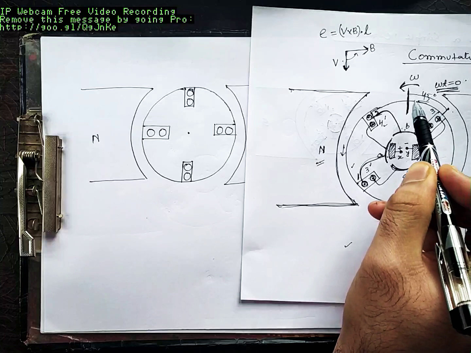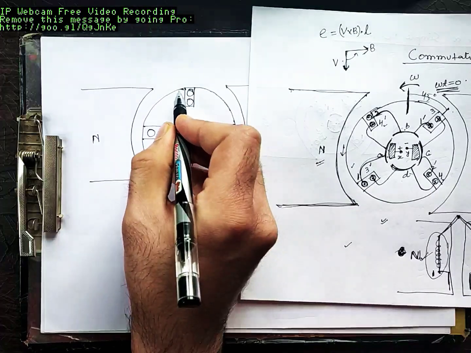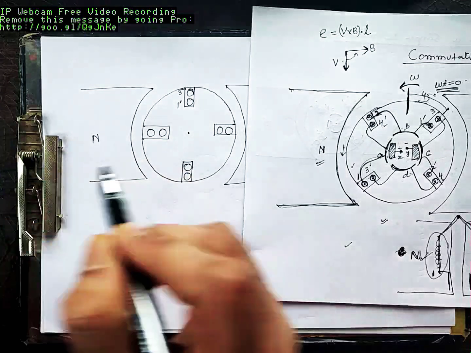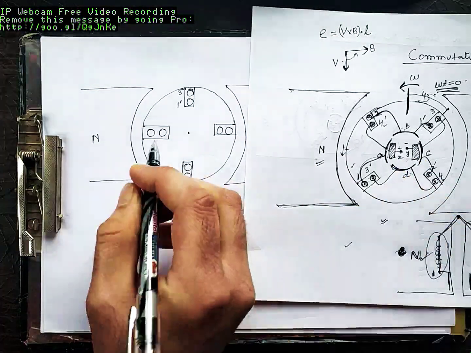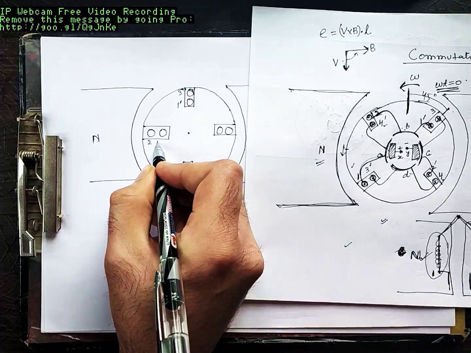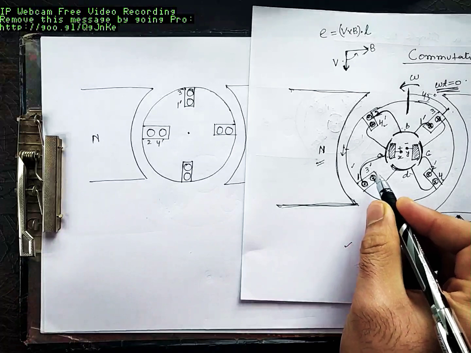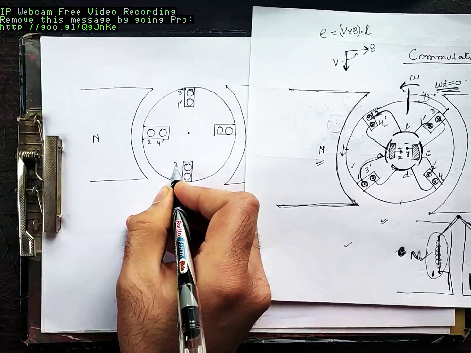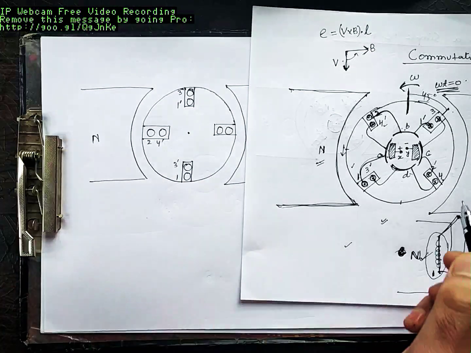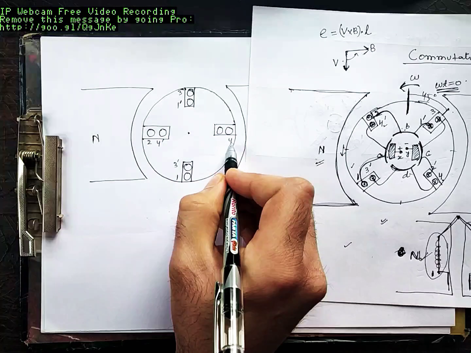Now they will come to this place. So this is 1 prime, this is 3. 2 and 4 prime were here, they will reach here. So this is 2 and 4 prime. 1 and 3 prime were here, they will reach here. 1 and 3 prime. 4 and 2 prime here, they will reach here. So this is 4 and 2 prime.